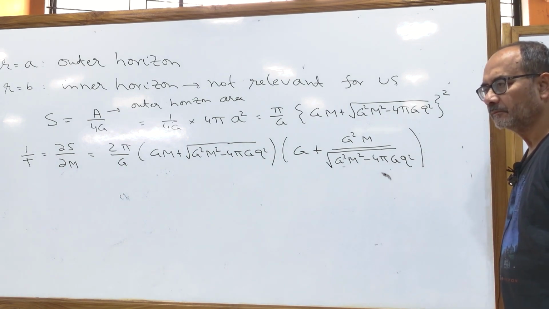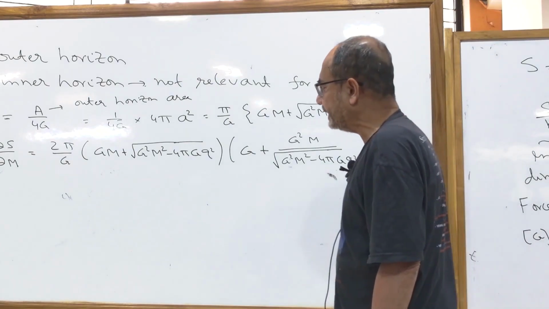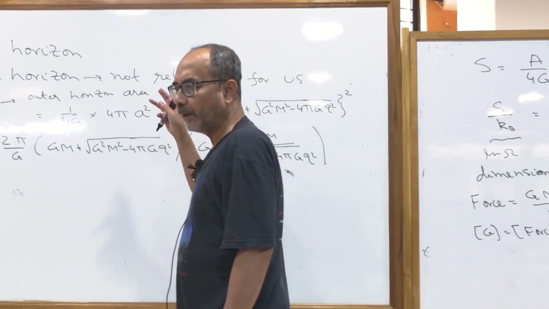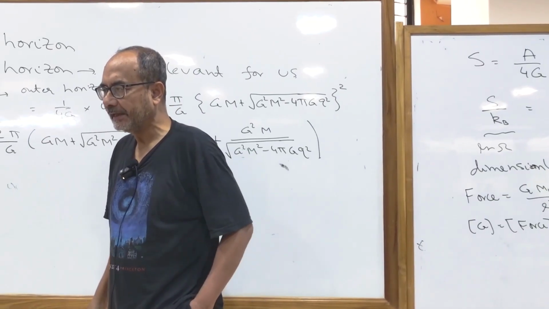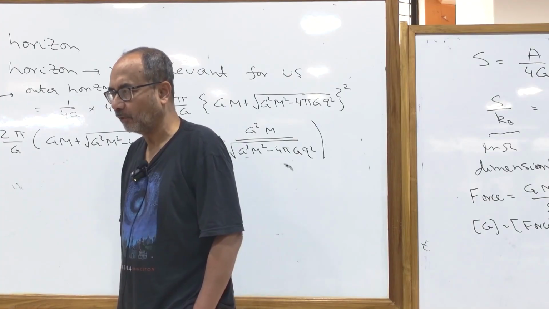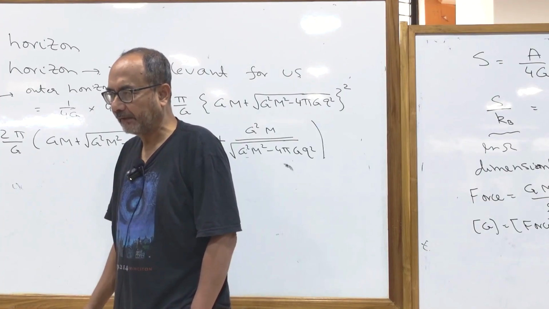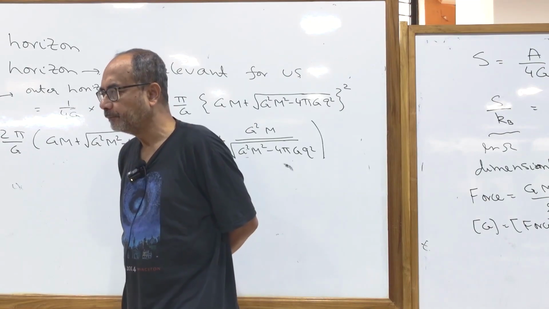You can define it by writing 4 pi b square. It's not clear what it means, right? Because this is not something that will be relevant when the outside interacts with the black hole. So you can define an entropy associated with the horizon, but the physical interpretation of this is not clear.